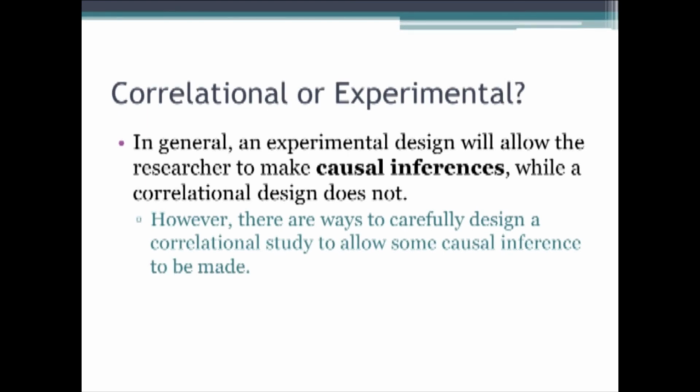There are some ways to carefully design a correlational study to allow some causal inferences to be made. Some experimental psychologists are very purists, and they say, oh, well, if it's a correlational study, it could never make causal inferences. If it's not a true experiment. A true experiment means that there's random assignment. So you're not just manipulating the independent variable, but you're randomly assigning participants to conditions.